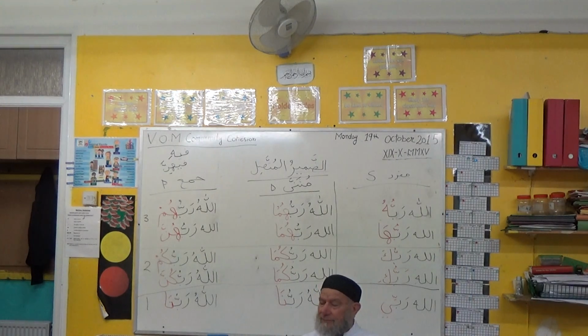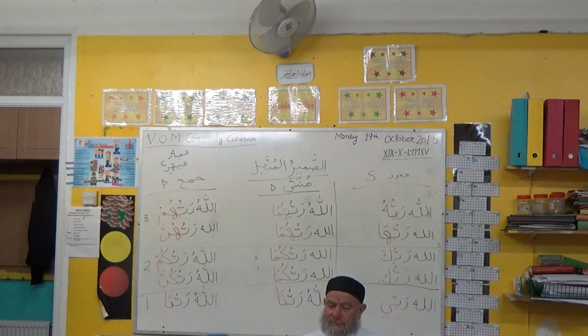Isn't it huwa, the detached one? And where is the attached one, which we learned? Ha. Excellent. So هو is the detached, المنفصل, and ها is المتصل. Okay?